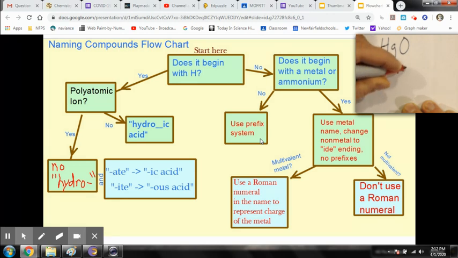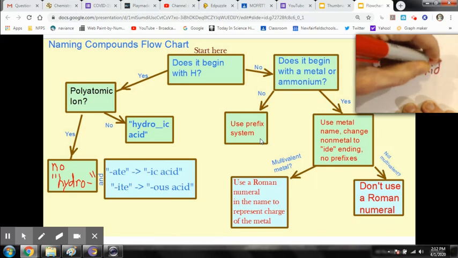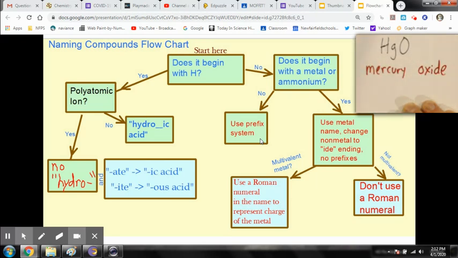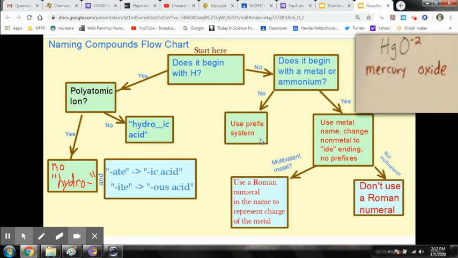Oxygen, we'll change that to the -ide ending, oxide. And then we'll use a little bit of logic and reasoning. The oxygen ions are -2 charge. We know that from the periodic table. Oxygen's in the -2 column. Therefore, in order to balance out and equal 0, the mercury must be +2. So mercury(II) oxide is the name of this compound.